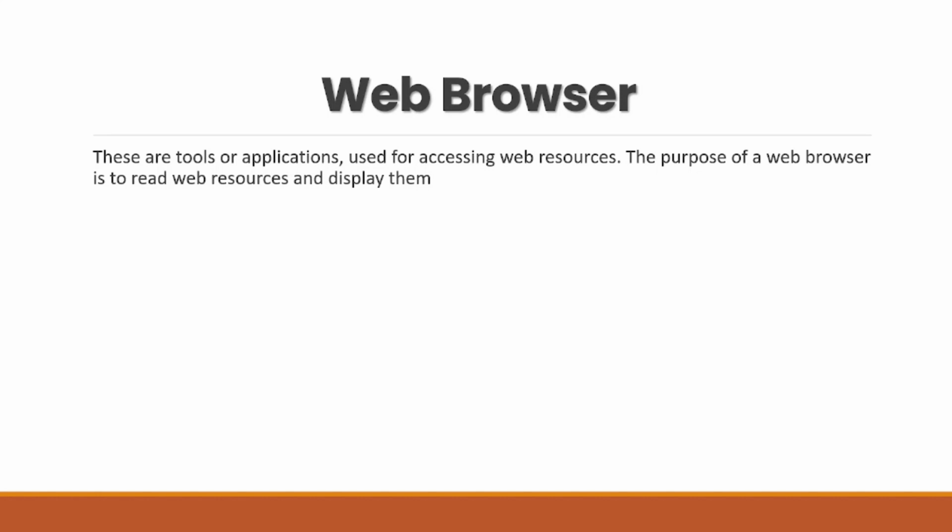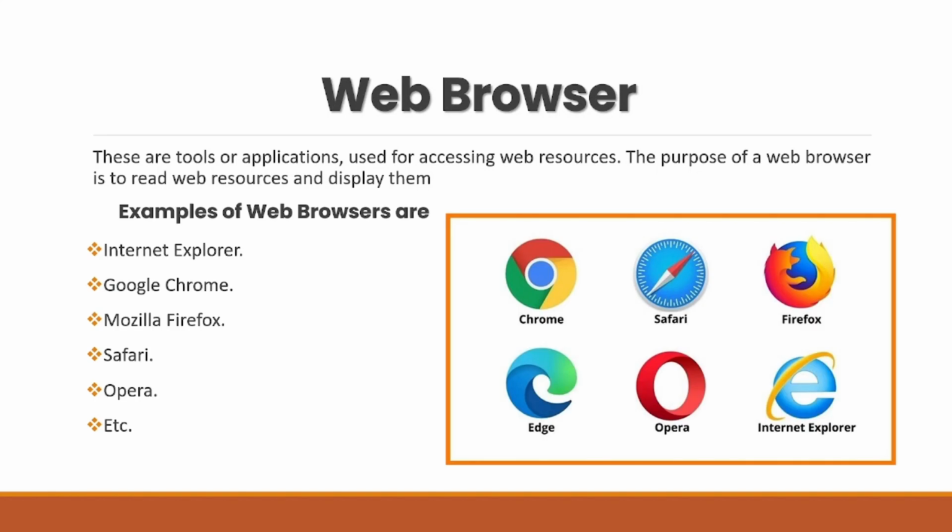So their job is to read web resources and display them to us. Examples are Internet Explorer, Google Chrome, Mozilla Firefox, Safari, Opera Mini, etc. So these are some of the browsers we have.